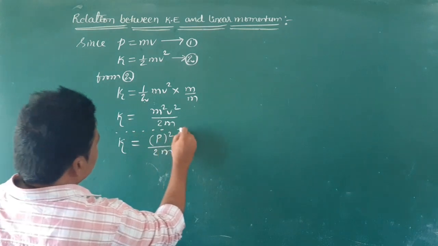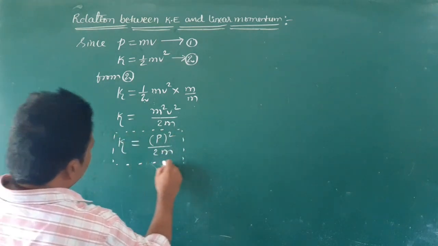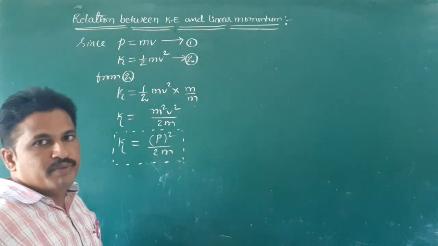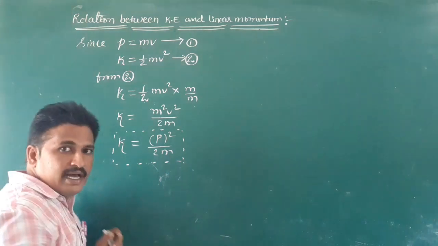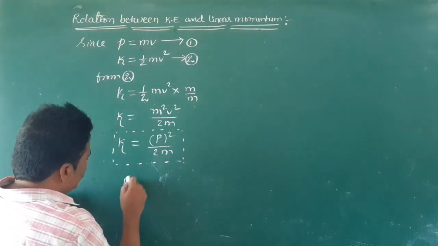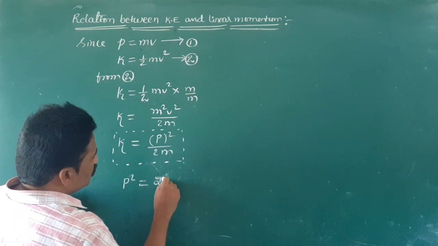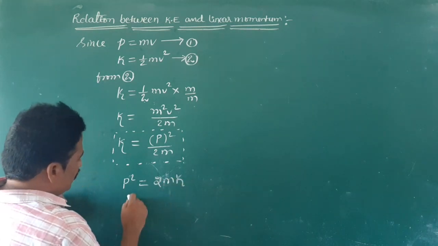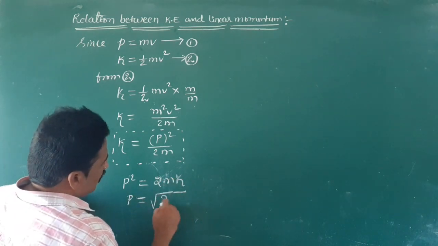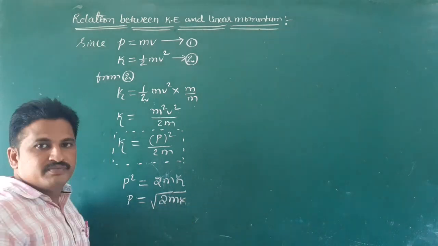So this is the relation between the kinetic energy and the linear momentum. From this equation we can also write p square is equal to 2mK, so p is equal to square root of 2mK, students.